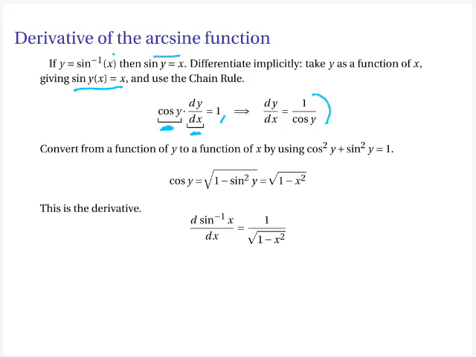Now, there's nothing wrong with that formula except that I want the derivative of the arcsine of x, and this gave me an expression in terms of y, so I have to convert it back to x's. I'll use the familiar expression that cosine squared plus sine squared equals 1 to rewrite the cosine as the square root of 1 minus sine squared of y.